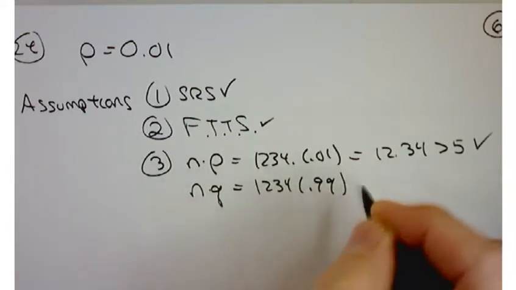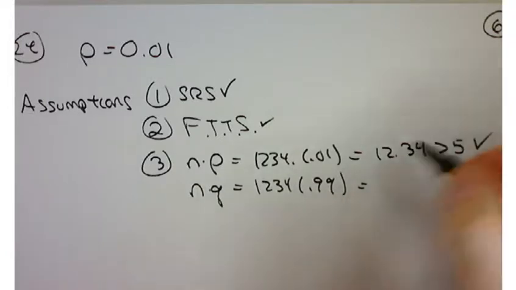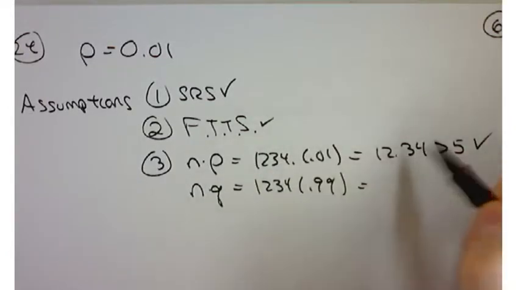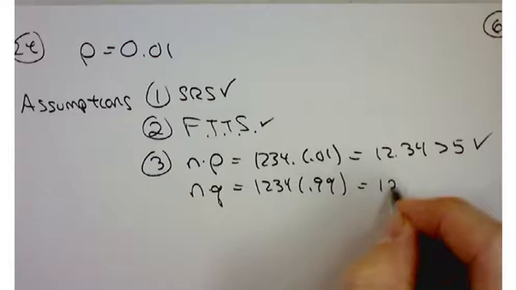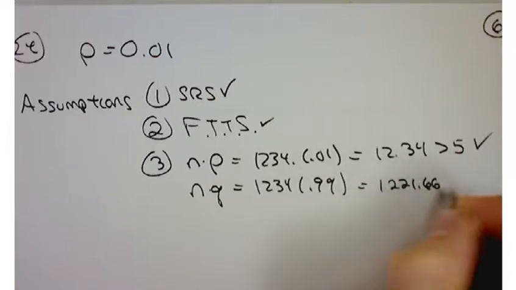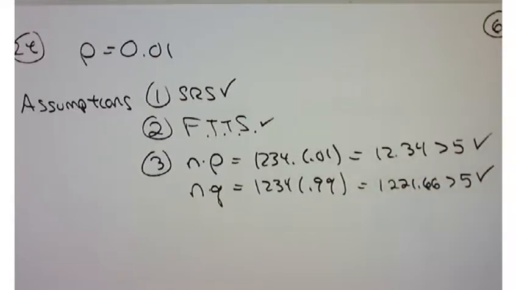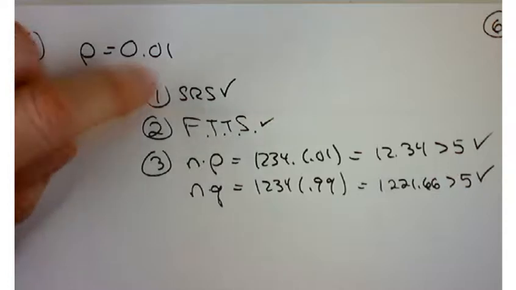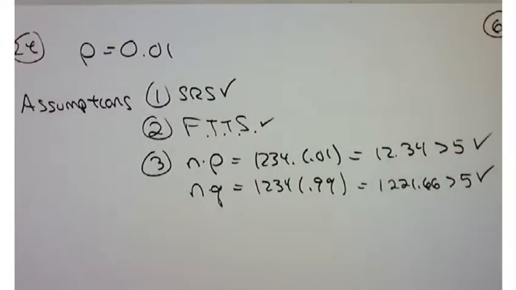Yeah, 1 minus that, so 0.99. So N times Q is going to be 1221.66. And again, that's greater than 5. So all three of our assumptions are going to be satisfied, provided that it was a simple random sample.